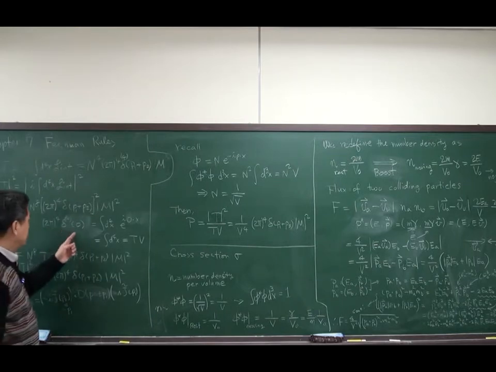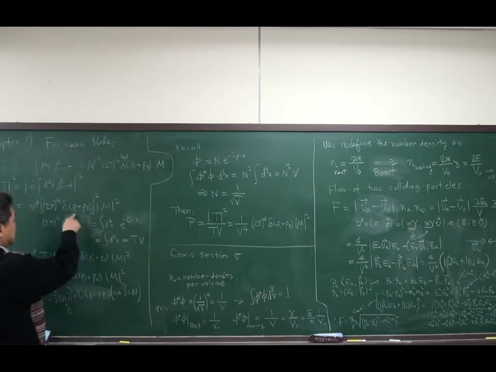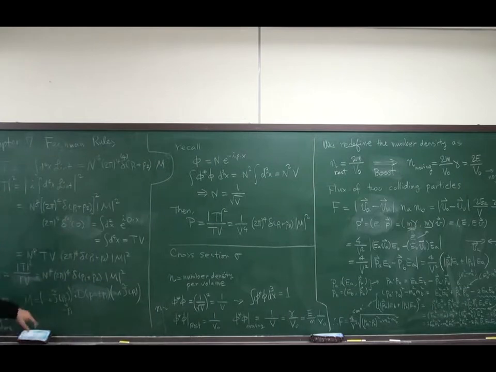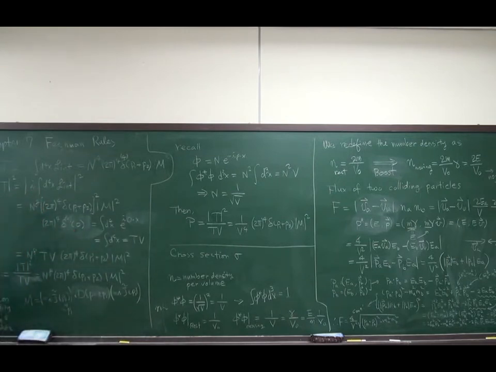And if we rewrite this as an exponential integration, because P1 plus P2 equals 0, if I substitute 0, then this delta function is just infinity. But this infinity actually means space and time.